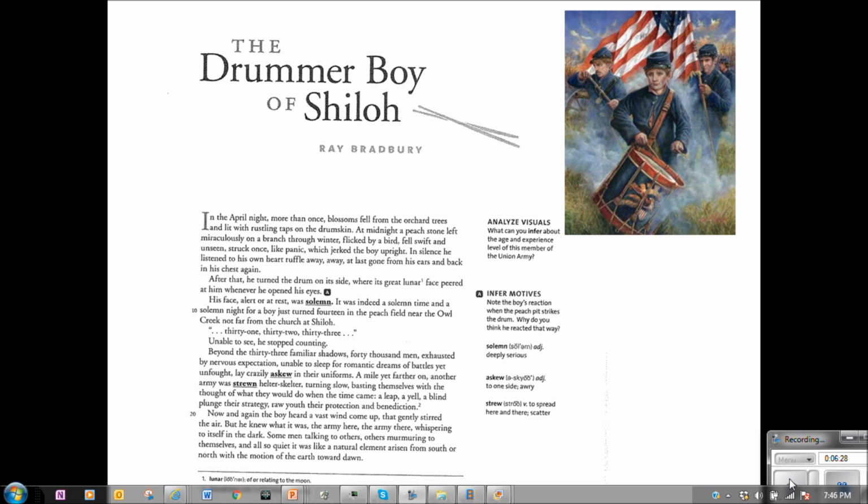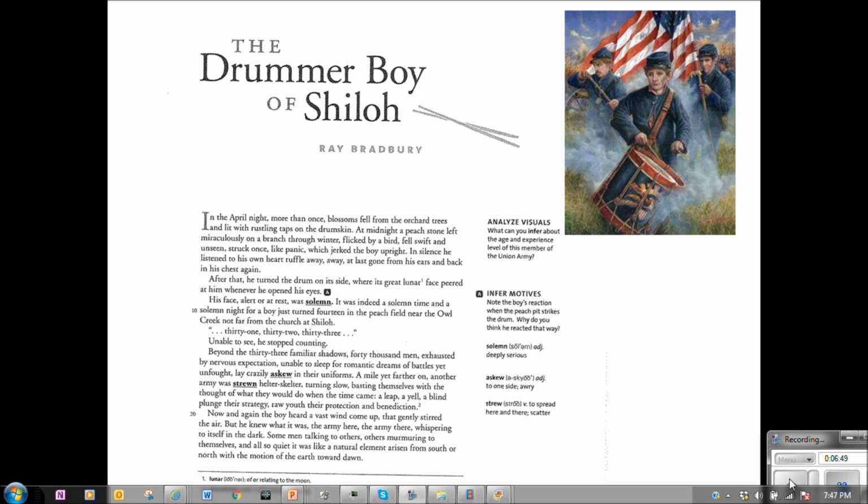A mile yet farther on, another army was strewn helter-skelter, turning slow, basting themselves with the thought of what they would do when the time came. A leap, a yell, a blind plunge their strategy, raw youth their protection and benediction.